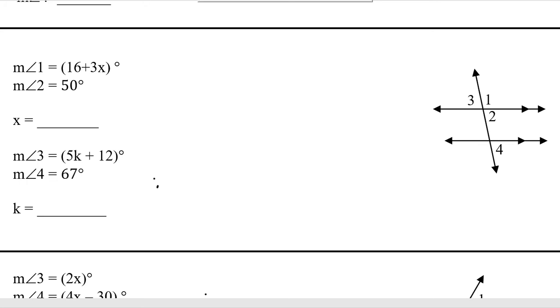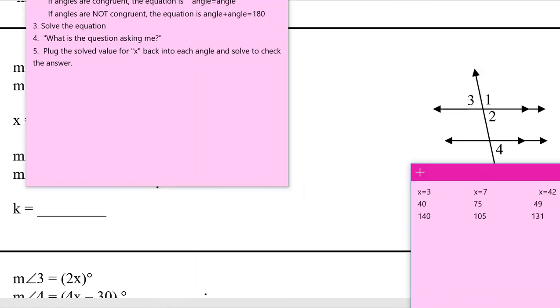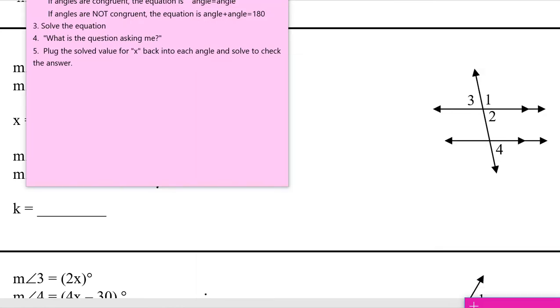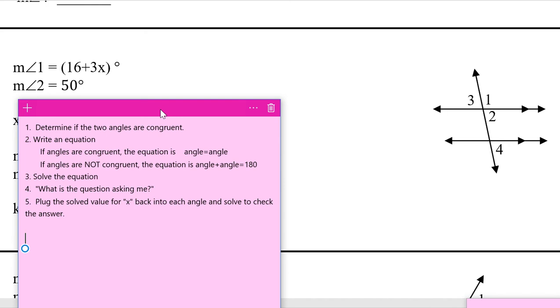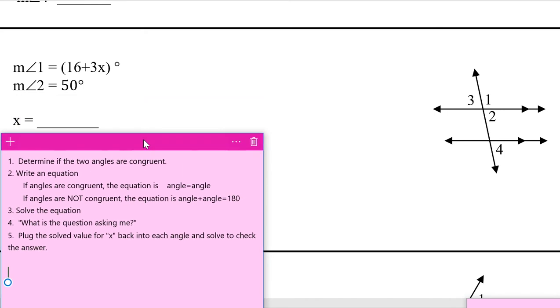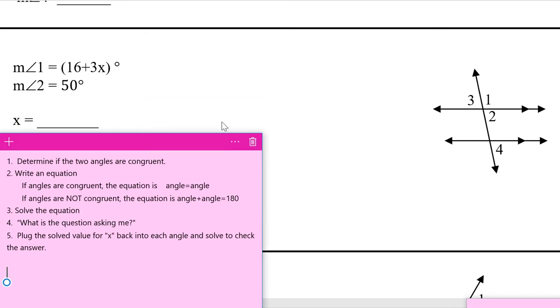Let's look at the first one. Determine if the 2 angles are congruent. That's step 1.